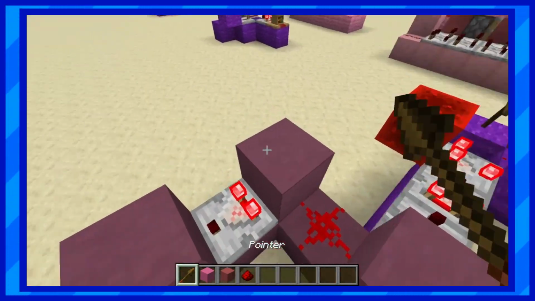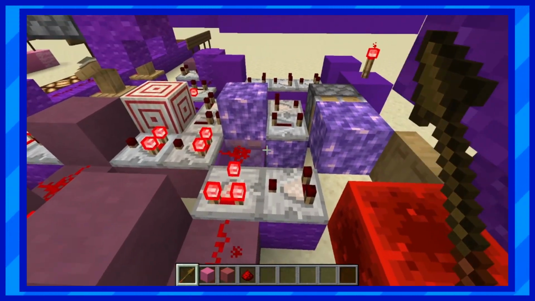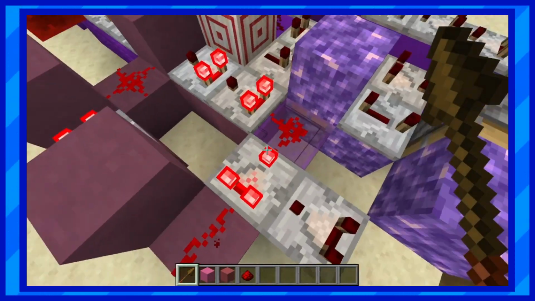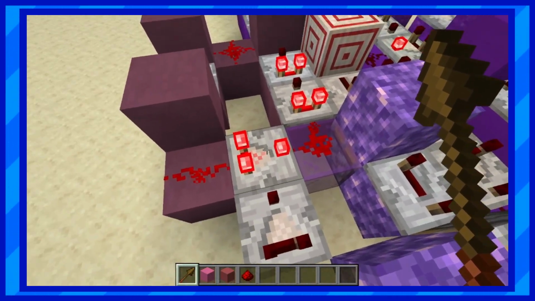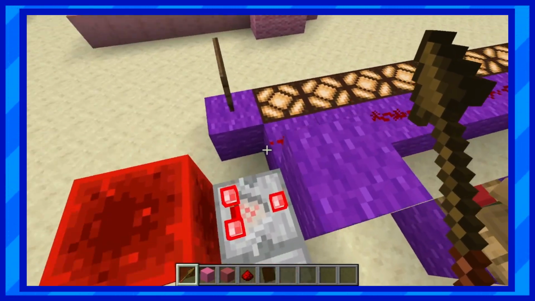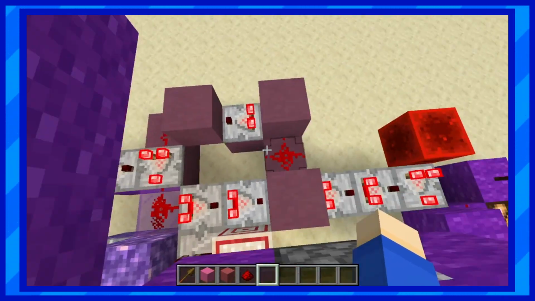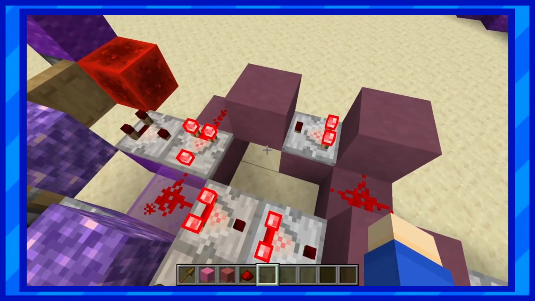You've got your signal strength, it goes around, goes around, goes around. And right here is where it is subtracted. Right here it's subtracted again to turn it into addition. So we've got repeated addition.